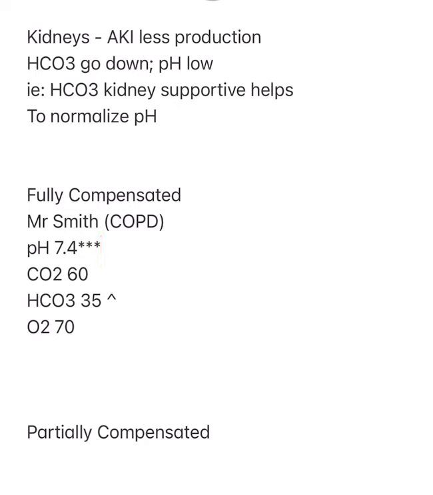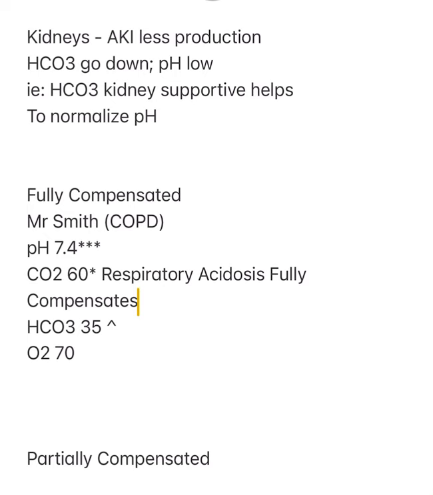Looking at these values, it can be seen that the CO2 is the most abnormal. So for this ABG, the resulting insult is respiratory acidosis because the CO2 is high. That's fully compensated. Hopefully that makes sense.